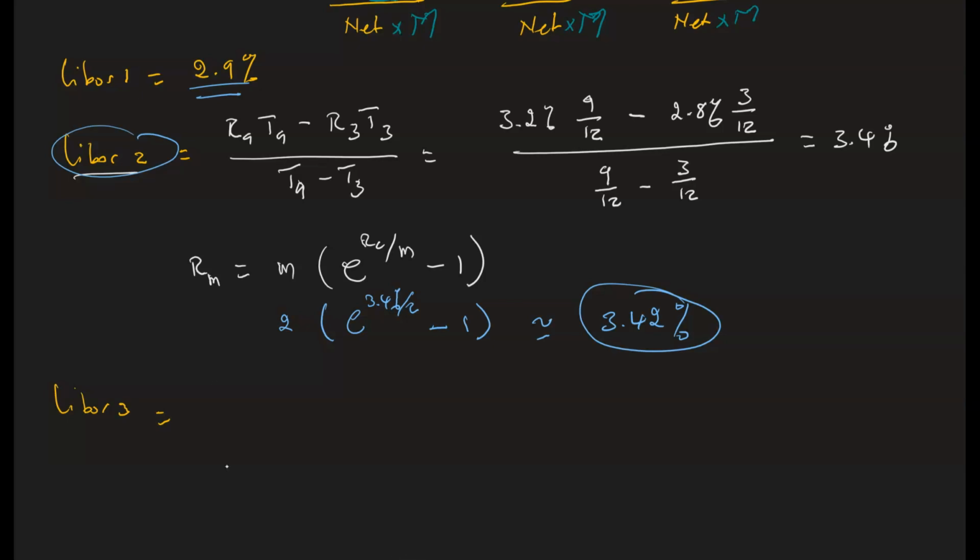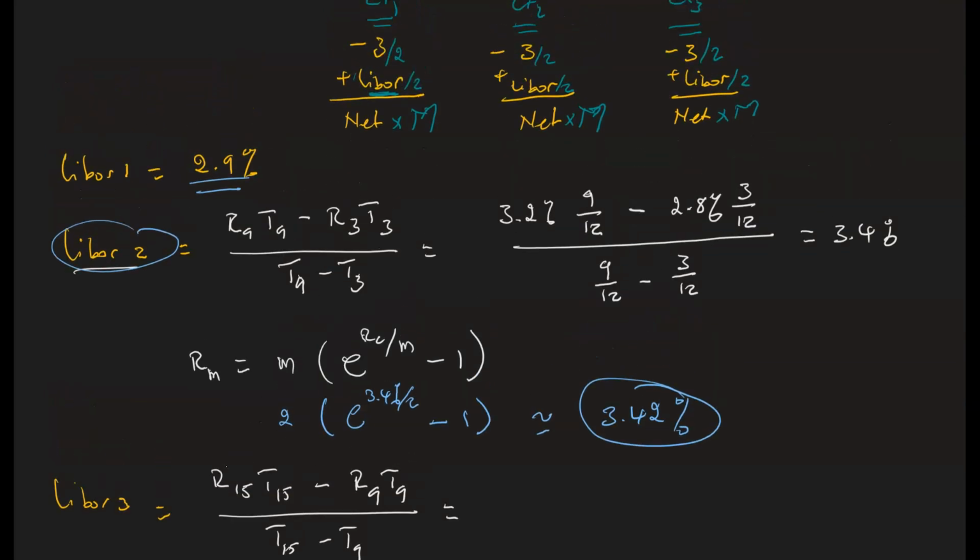So it's going to be R15 T15 minus R9 T9 divided by T15 minus T9.